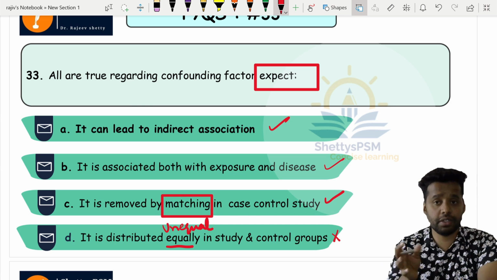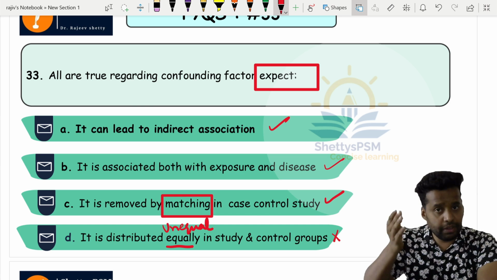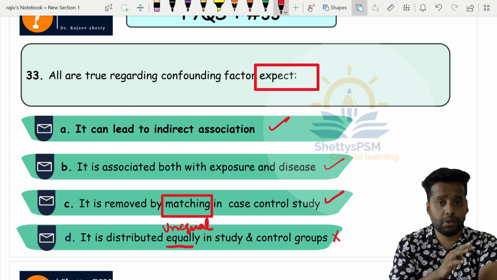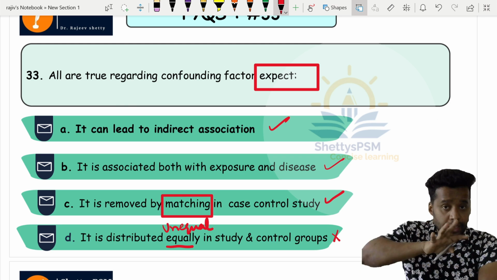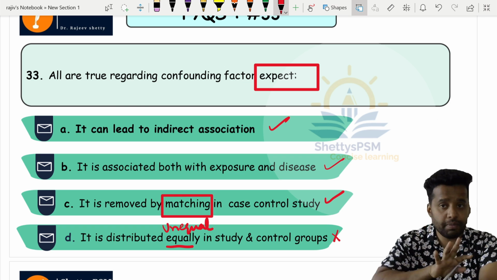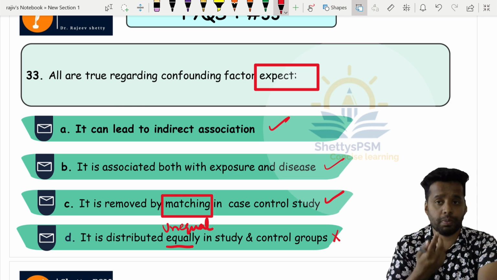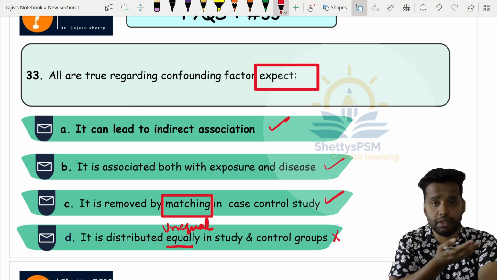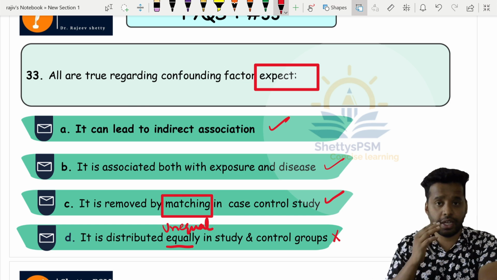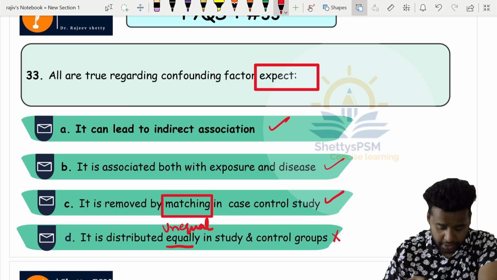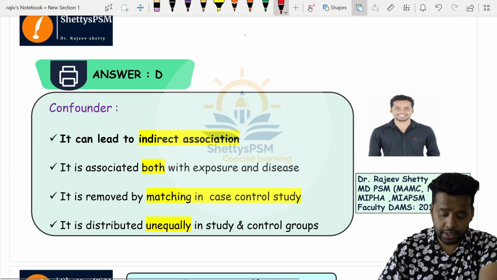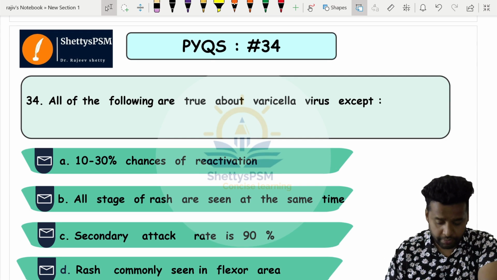There is unequal proportion of that factor between the study group and the control group. In matching, you can do group matching where you make an equal proportion of confounders, but initially there is unequal distribution of confounding factors.